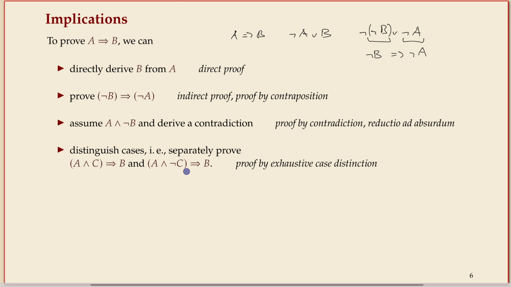So if you're trying to prove A implies B, you can add another condition C and check if adding that to A helps, but then you also have to add the negation of C. You have to prove it for both cases, but it can still be easier to split them up because you have more to work with. We'll see lots of examples of that in the module. The important bit is that it's exhaustive. You have to do both cases, C and not C. And of course, you can add more than one statement.